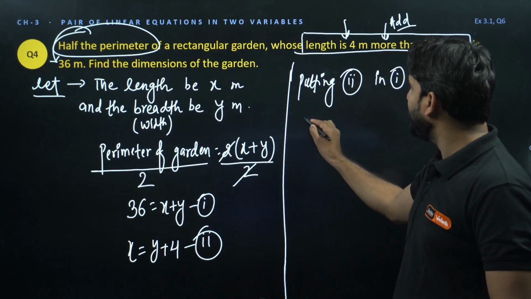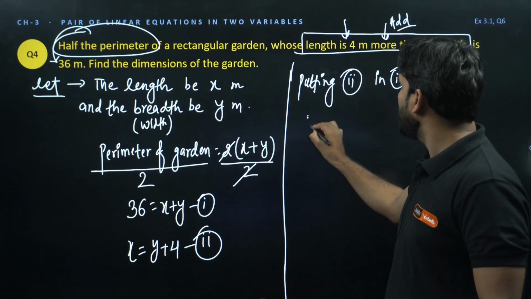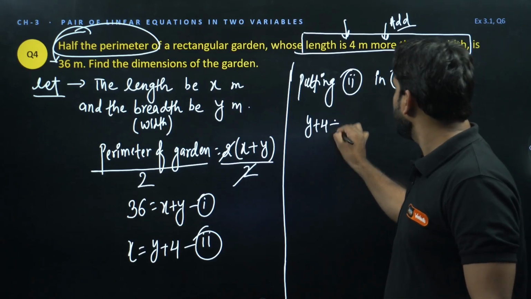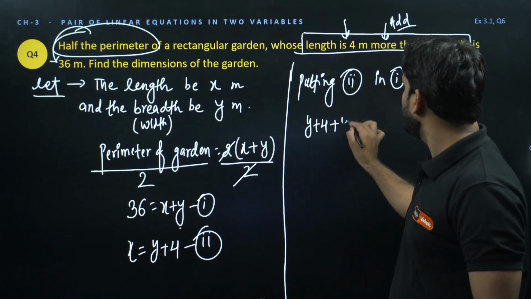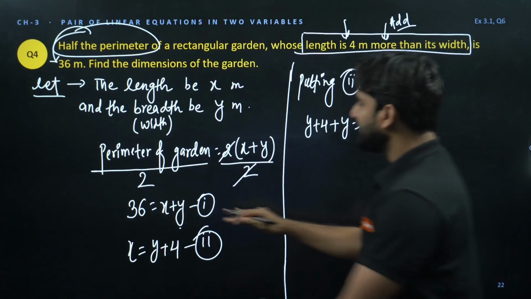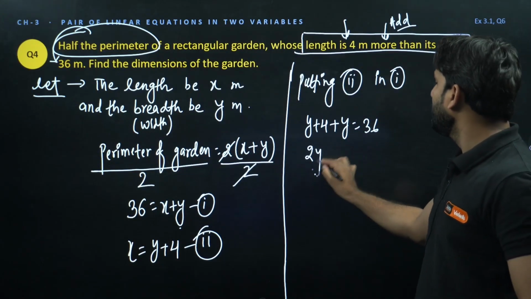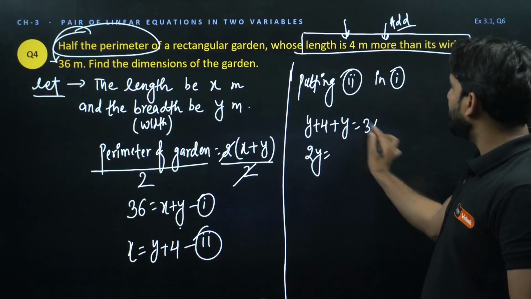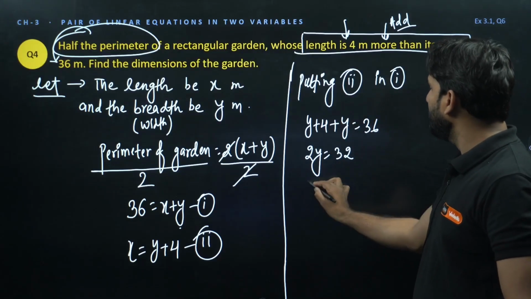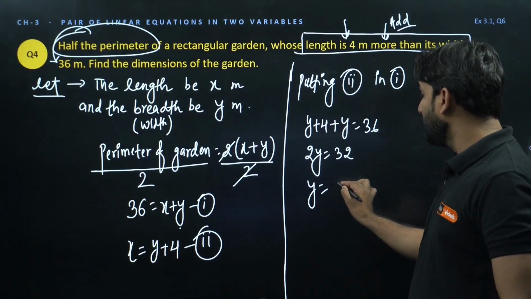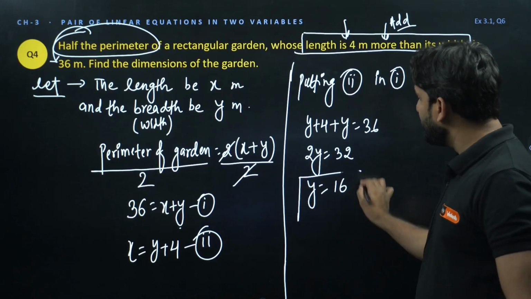At the place of x, y plus 4 will come, and this y is already there. I have changed the equal sign completely. So y plus y will be 2y, and this 4 will go there. So 36 minus 4 will be 32. So y we have is equal to 16.